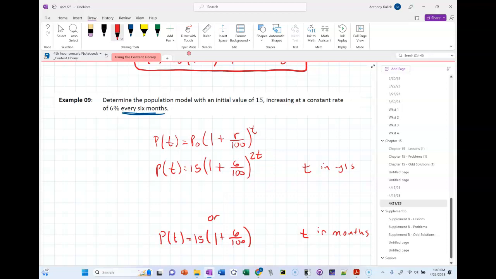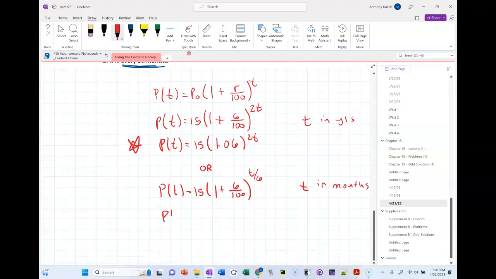So instead of writing t, I'm going to write t over 6. And then if I simplify again, I could write my answer like this, or like this. Either one would be acceptable.